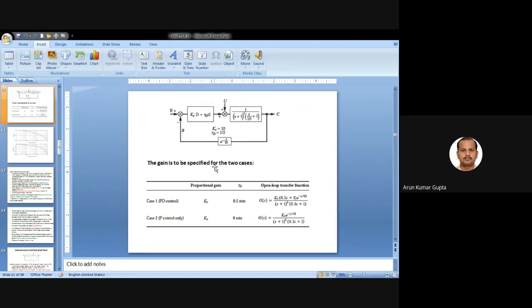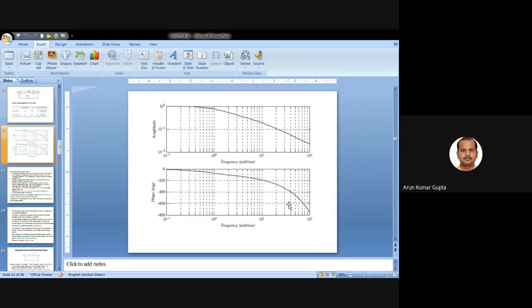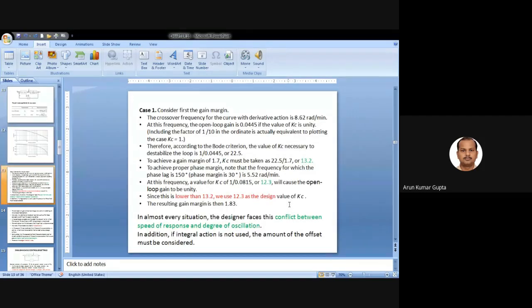Here we discuss one example that contains the controller, the process and the transportation lag for different values of Kc. If we have a PD controller, then we have the Kc. If we have only proportional control, then we have the parameter like this. The transportation transfer function is given by this. For that, we draw the graph, and from there we discuss the results.